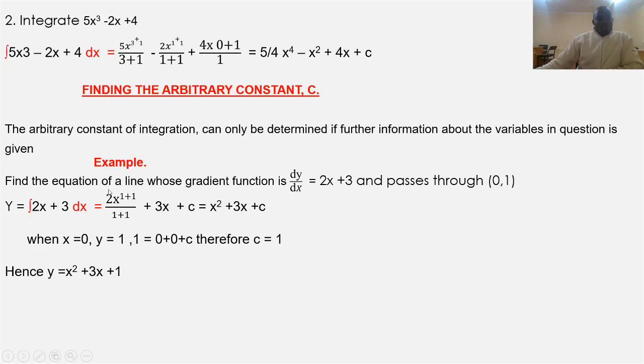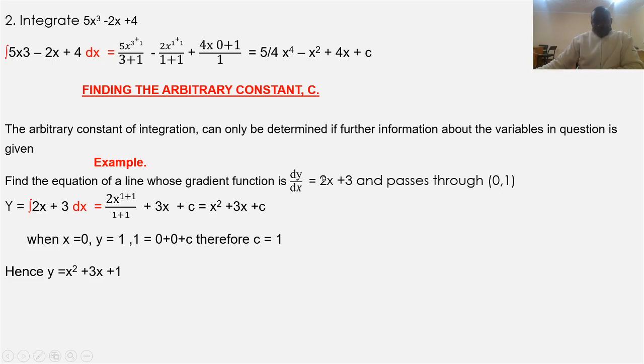Find the equation of a line whose gradient function, that is dy over dx, equals 2x plus 3. This is the gradient function. We are finding the equation of a line whose gradient function is this, and passes through this point. So you are given the values of x and y where it passes. First of all, we need to integrate this to find the value of y.